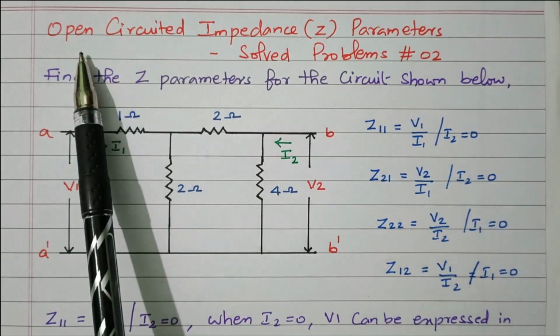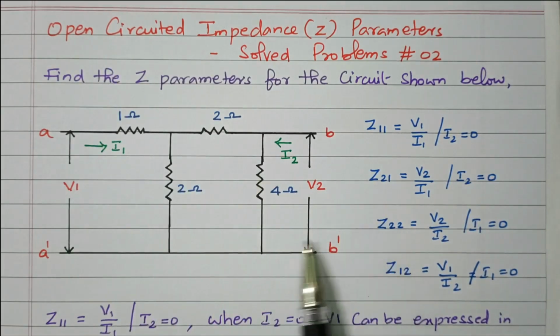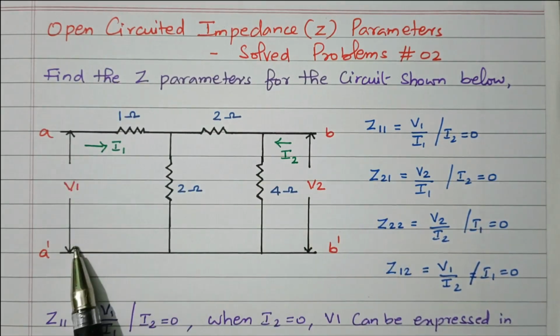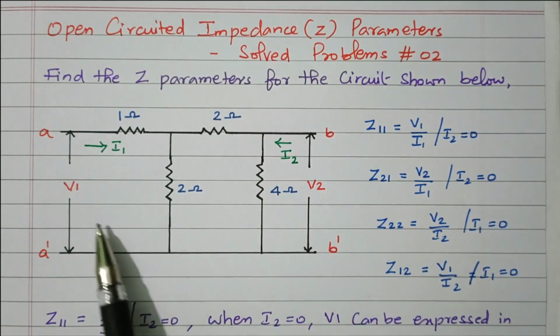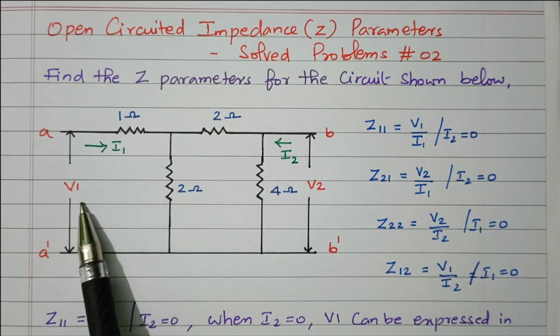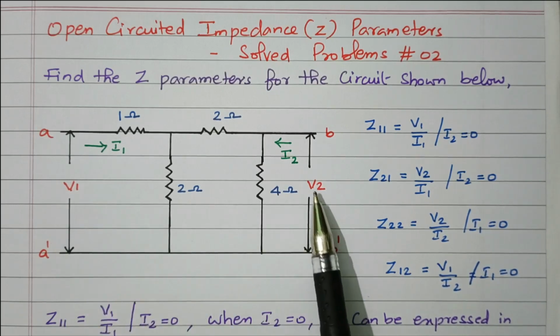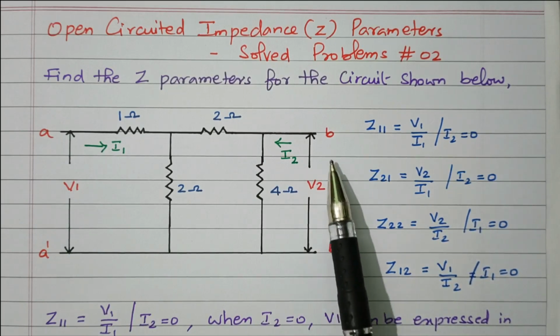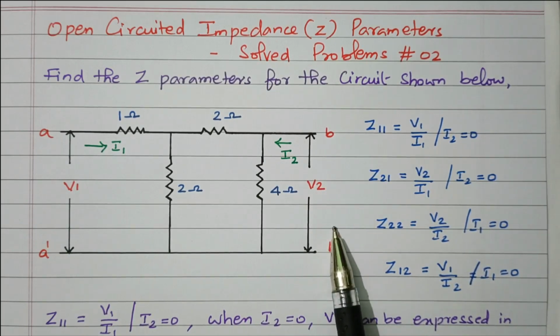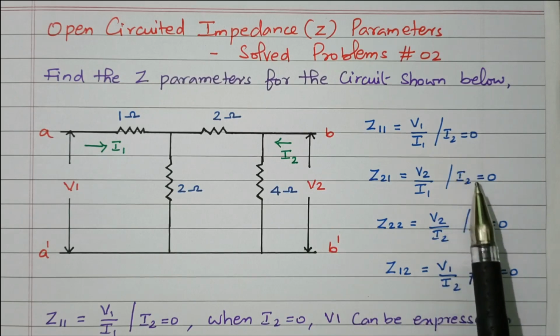That is open circuited. Open circuited means in this network, this is the input port A A dash. This is the output port B B dash. Current I1, voltage V1 at input port. Current I2, voltage V2 at the output port. So first we are making the output port open circuited so that I2 equal to 0.